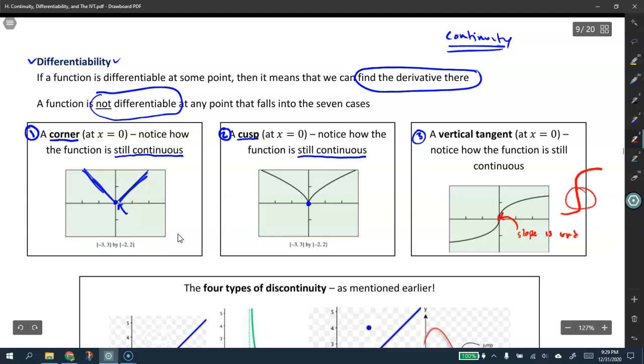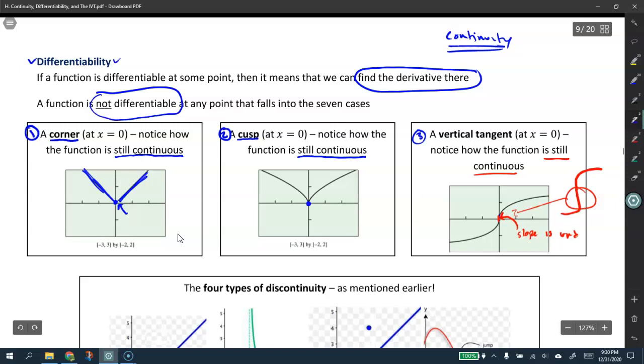Now I'm exaggerating that part, but because that happens, the slope is undefined, so the derivative is undefined there as well, because slopes and derivatives are basically the same thing. One thing I will mention for a third time is that it's still continuous there. So this becomes quite interesting because it's possible to be continuous yet not be differentiable at the same time.